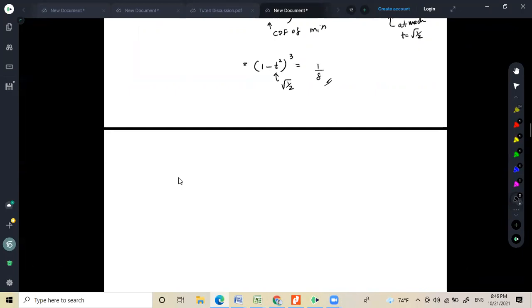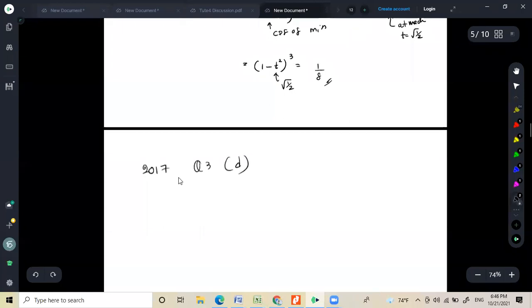We have x1 up to x25 and y1 up to y25. They are IID and they should be independent.